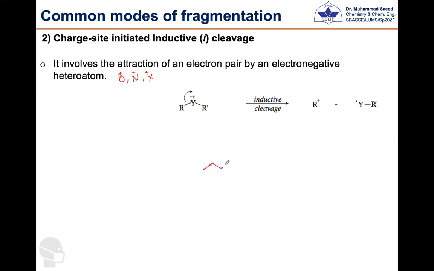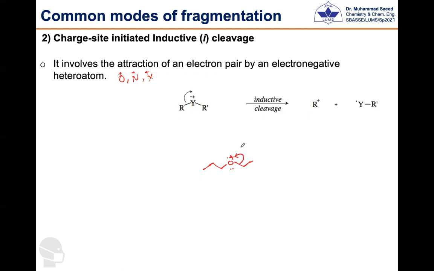Let's draw the structure of propyl ethyl ether. So oxygen with two lone pairs of electrons will get the charge after they are bombarded with electrons, and now the adjacent bond, either from this side or from this side, will move toward the positive charge.